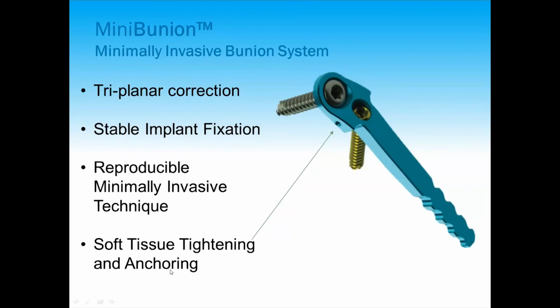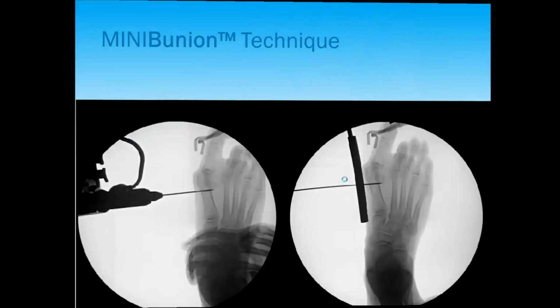What's also innovative is this soft tissue anchoring hole through the plate, so you can actually reef the capsule to the plate to correct the soft tissue imbalance of the hallux during this surgery as well. Again, it gives you more stability and gives you that soft tissue option.